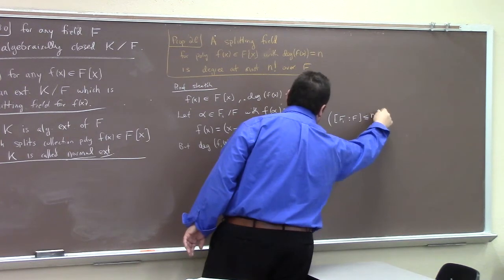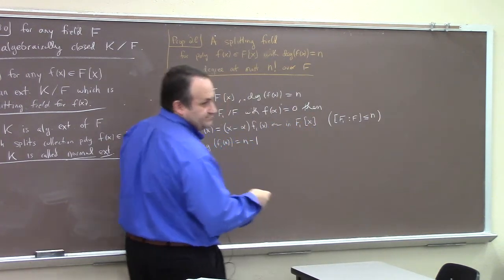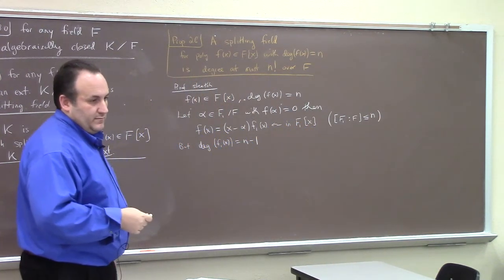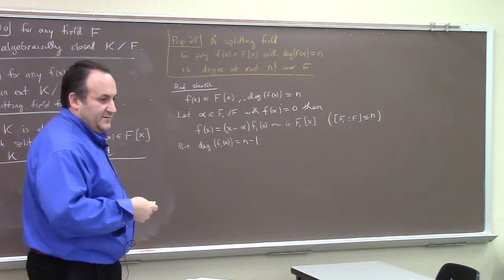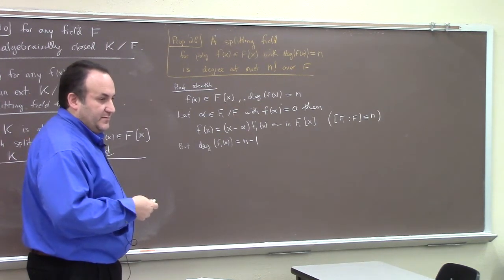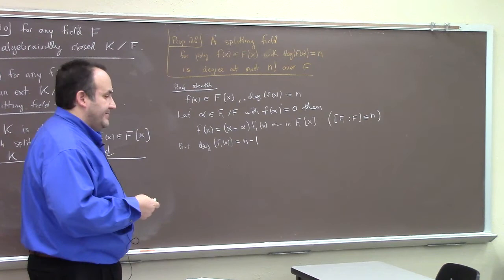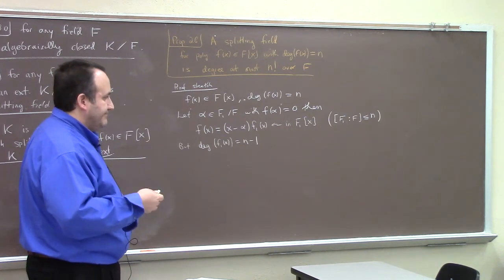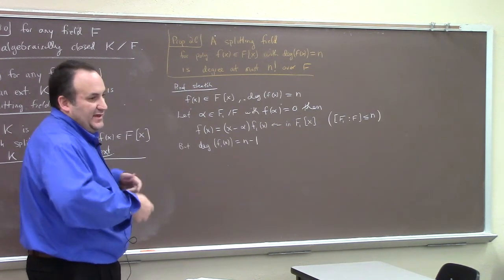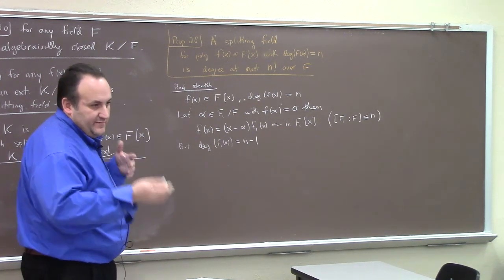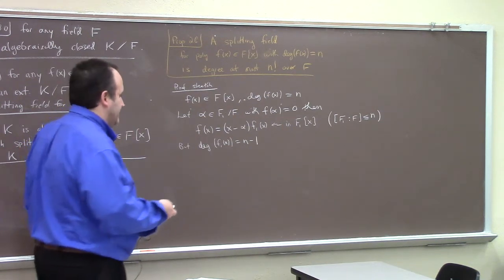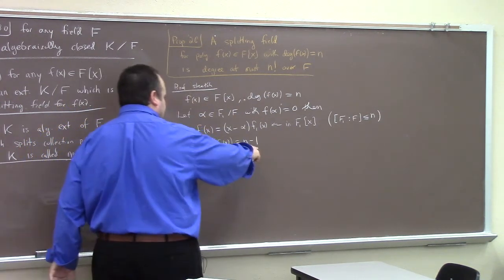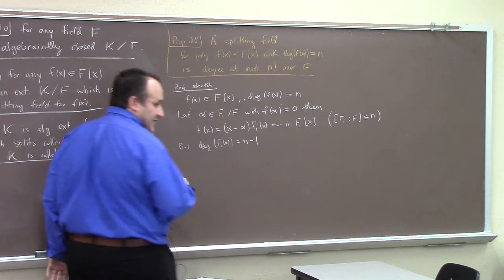That much we can say, where equality is met only if f of x is irreducible. F1 could be equal to F if f of x factors. But anyway, that gives us a cofactor of degree n minus 1.